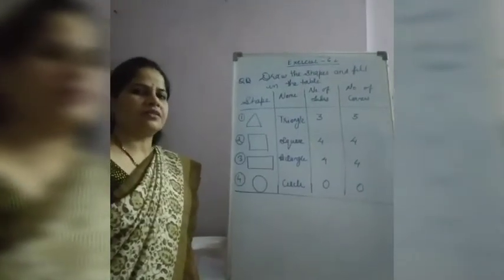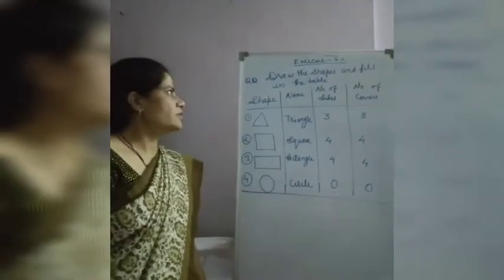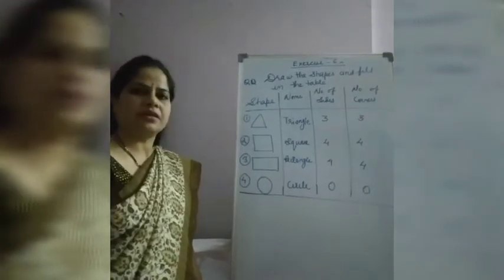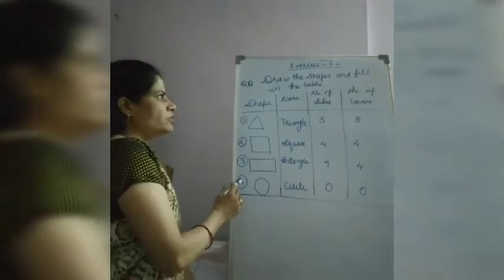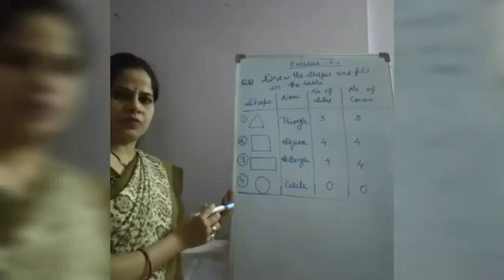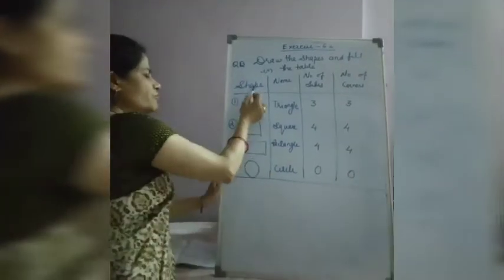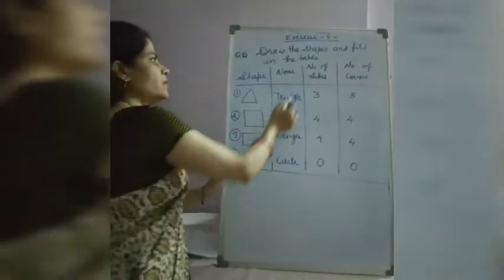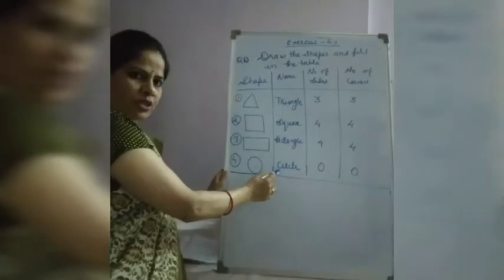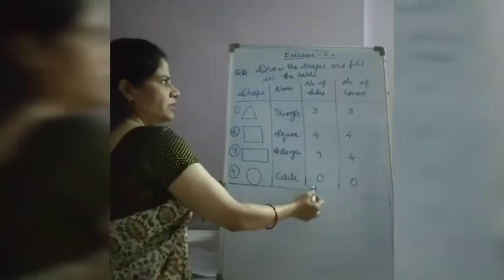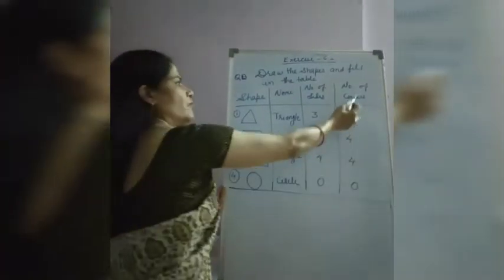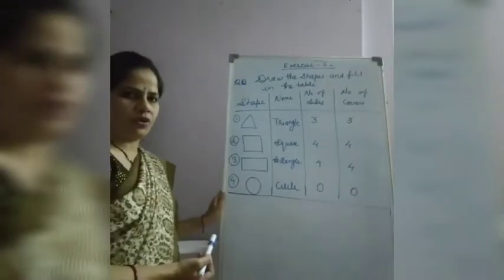Now let's start exercise 6.1. The question is: draw the shapes and fill in the table. In this question a table is given and you have to draw the shapes and fill some columns. In this table 4 columns are given. The first column is of shape, second column is the name of the shape, third column is the number of sides and fourth column is the number of corners.